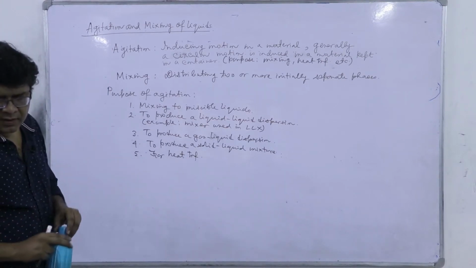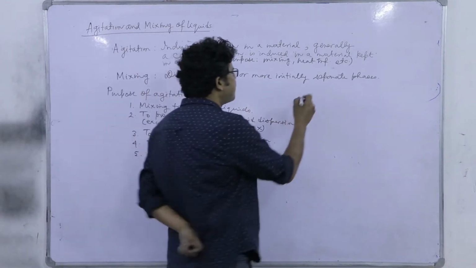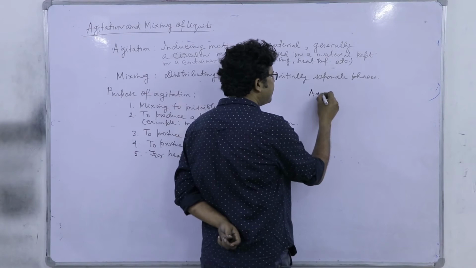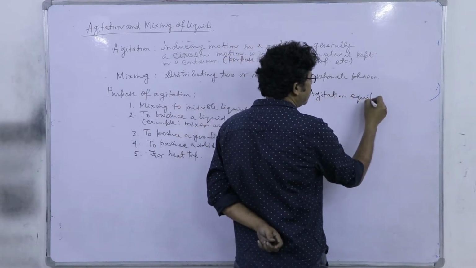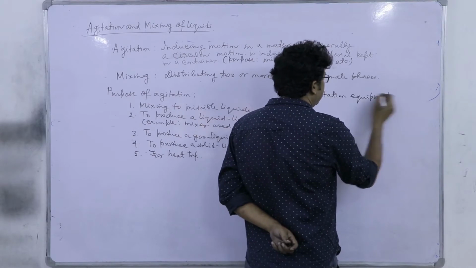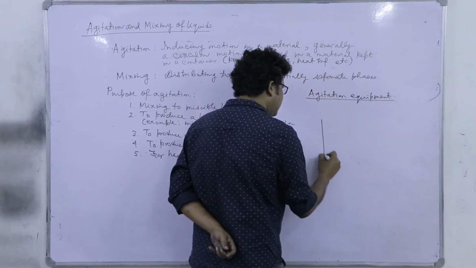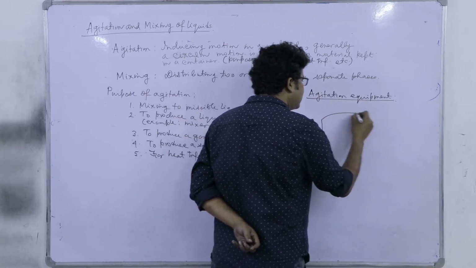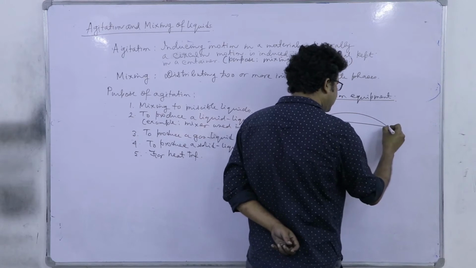Okay. Now what is the agitation equipment we use? It is basically a cylindrical tank fitted with a jacket, and most of the time the top is covered.